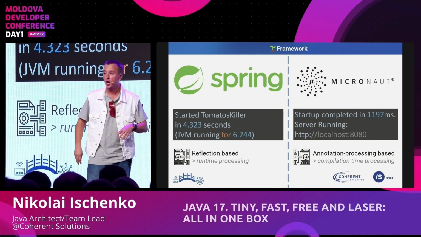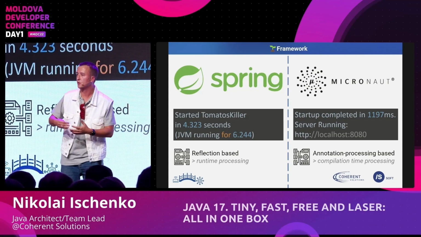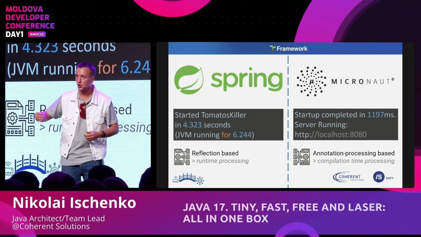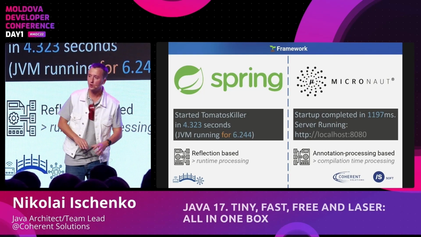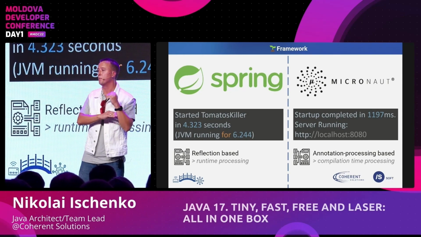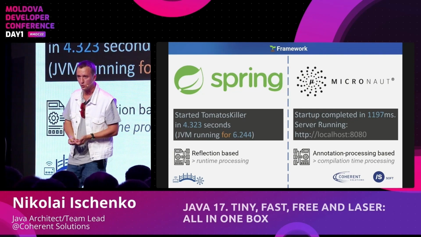What does it mean? Micronaut manages all of this IoC, inversion of control, not at startup time, but during build time, during your compilation. And when your application starts, it's ready to use.